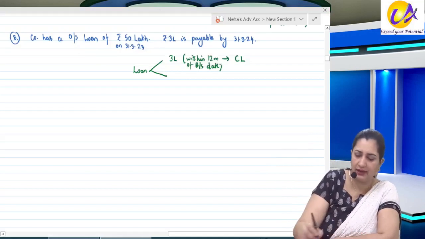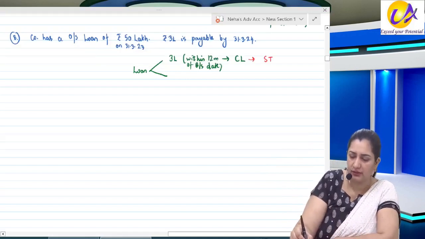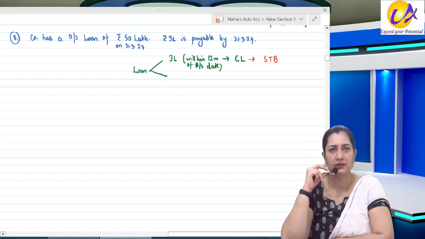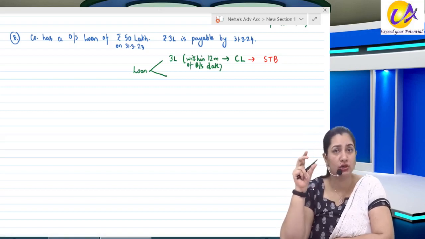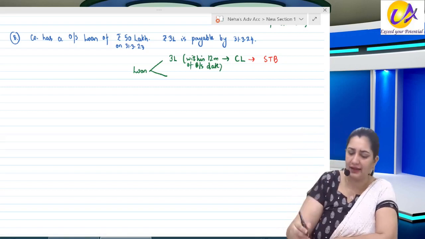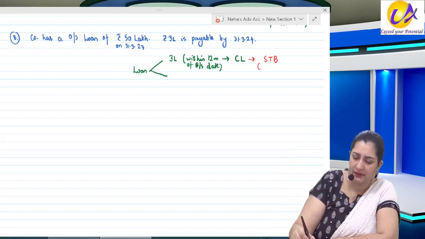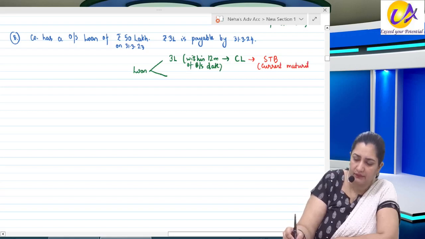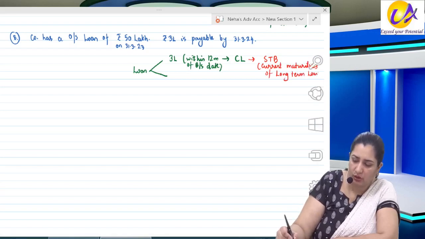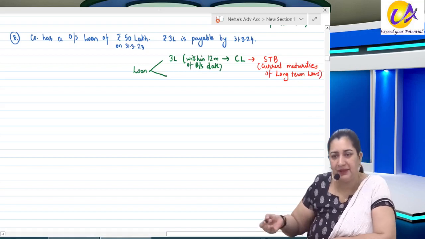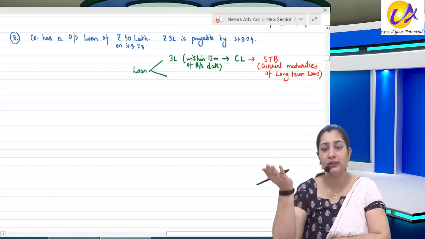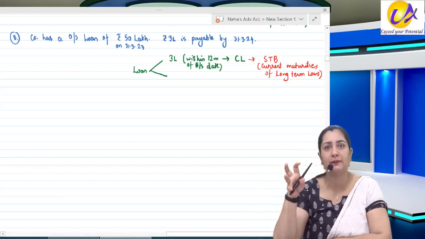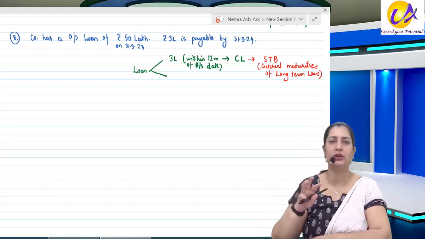It is shown under short-term borrowings, and it is called current maturity of long-term loans. It means the loan is actually long term, but what is payable within 12 months, we call current maturity of long-term loans, and we show it there.